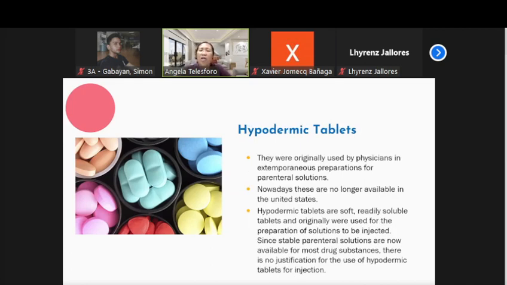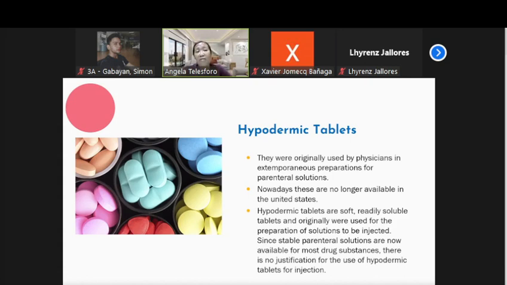Hypodermic tablets. So ito siya, tablet siya na i-dissolve sa tubig, sa solutions, and then i-inject. Ang problema lang nito is because of problems in presence of pyrogens and sterility, di ba kasi nga parenteral, i-inject siya so we no longer use them, not just in the United States. Ang purpose kasi nito gawin mo siyang solutions parenteral.